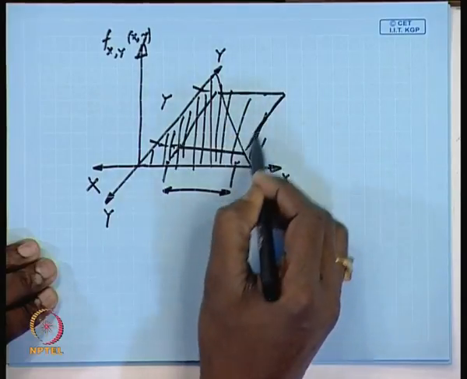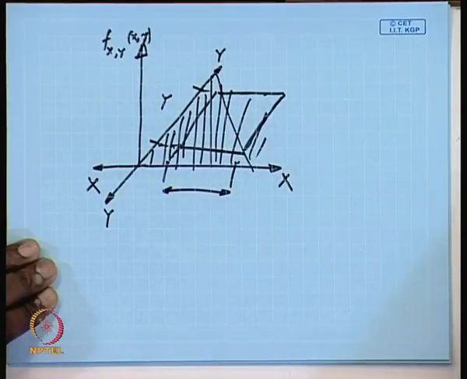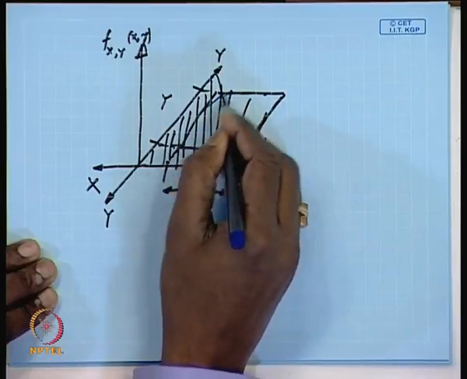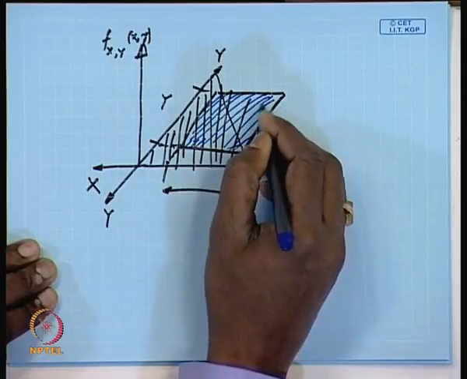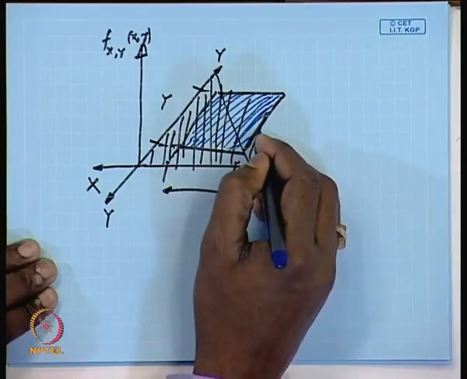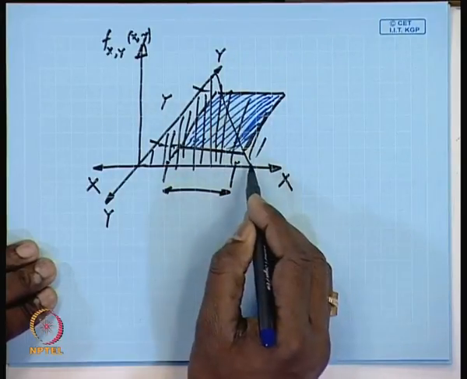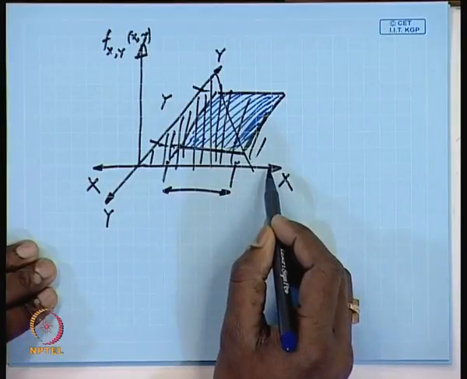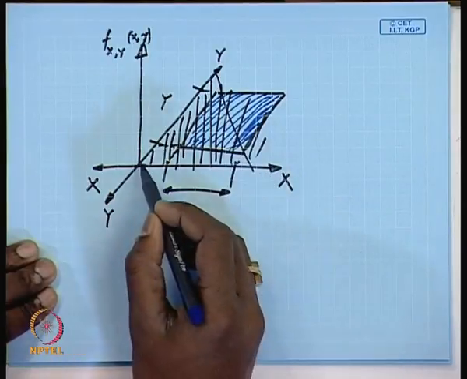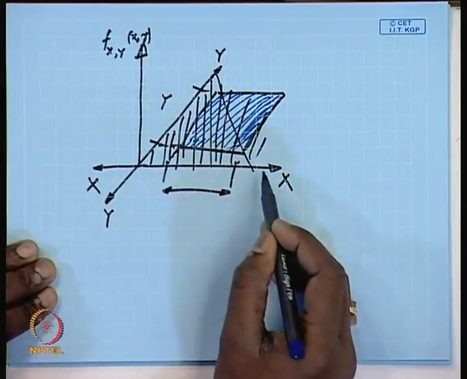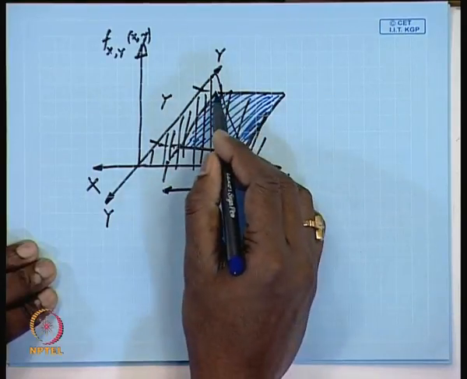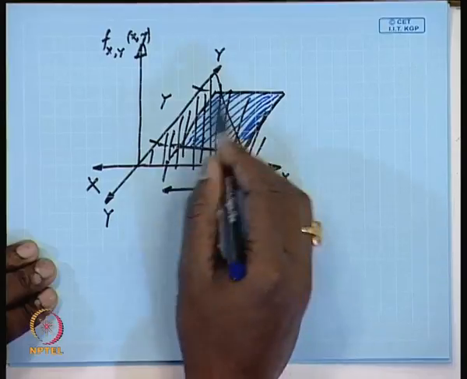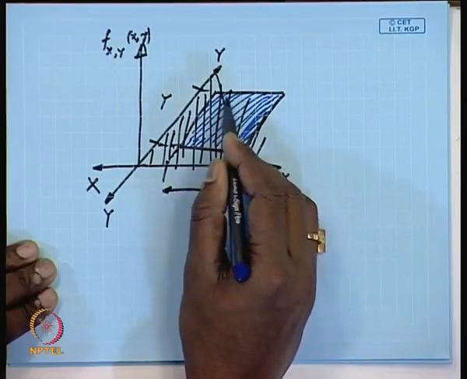So this is the area where the probability is distributed. In the case of a single random variable, we have seen that the probability distribution is considered over a line, over one axis, and here in the bivariate case, it is over a two-dimensional space.